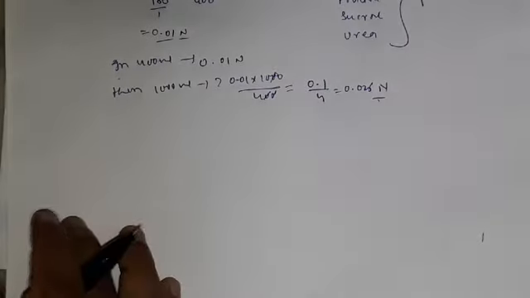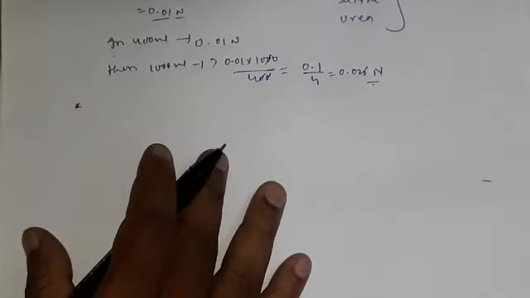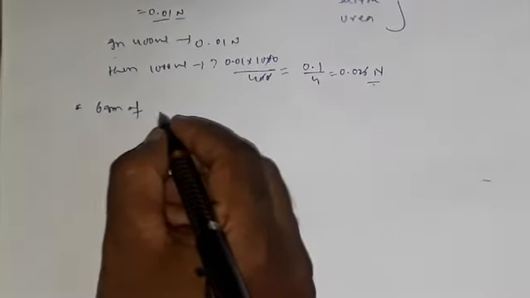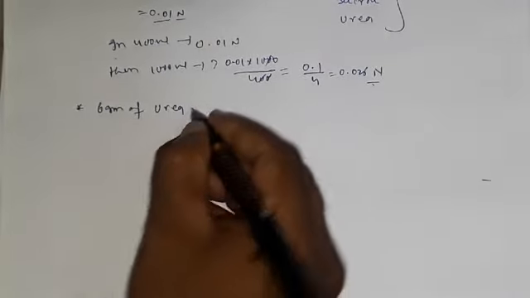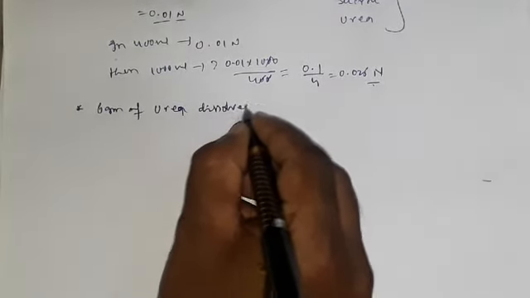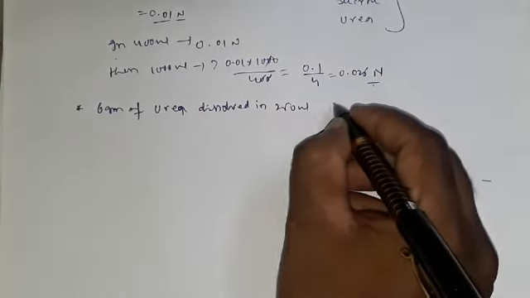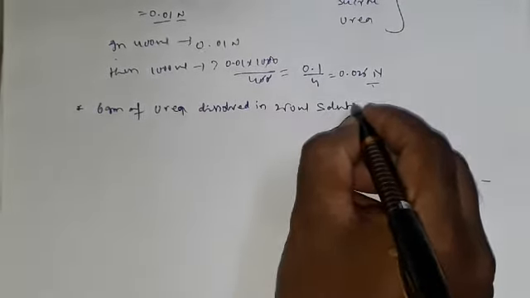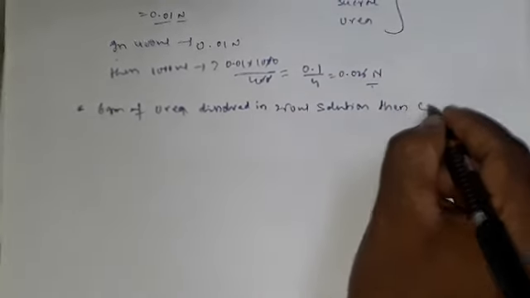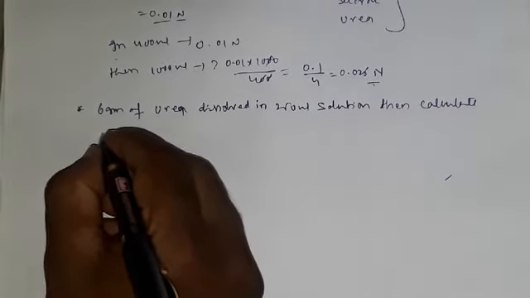Now 6 grams of urea dissolved in 250 ml solution, then calculate its normality.